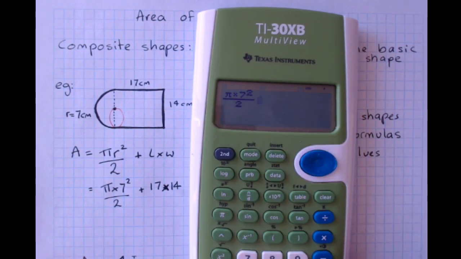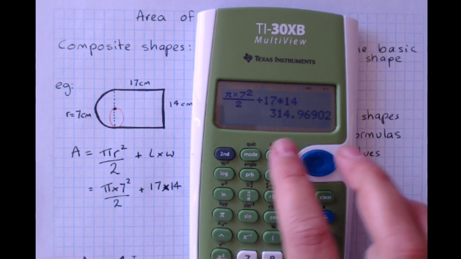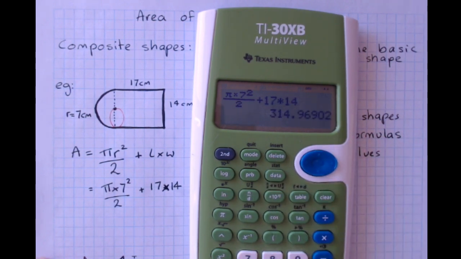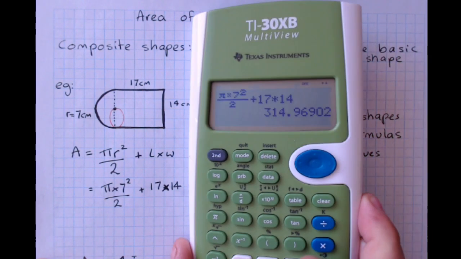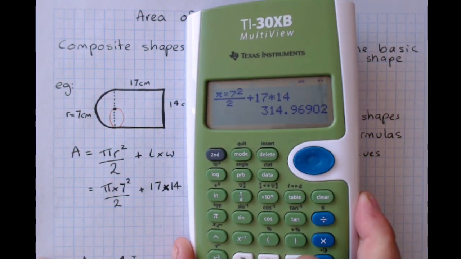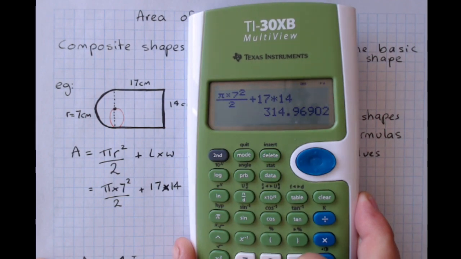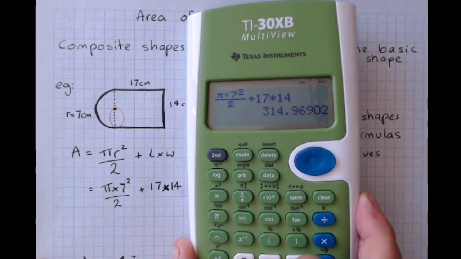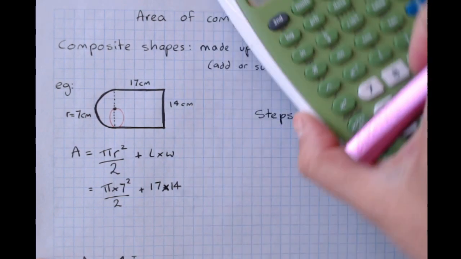Moving out, we have plus 17 times 14, and we have 314.969. So to 2 decimal places, that would be 314.97.